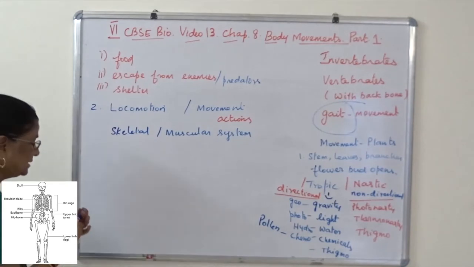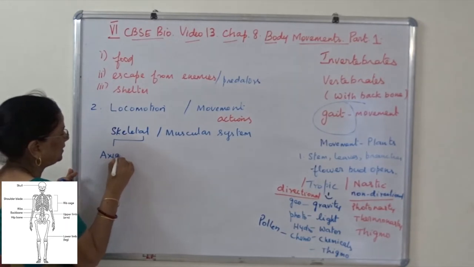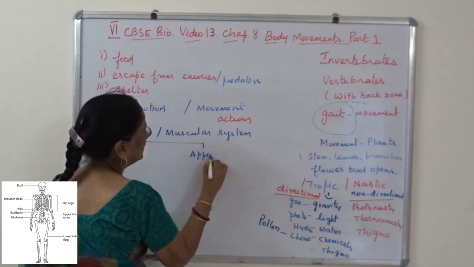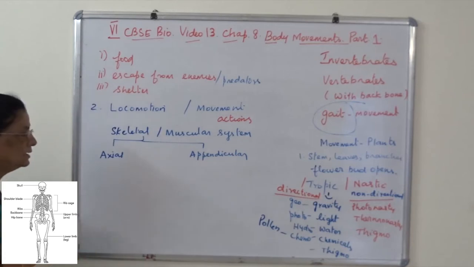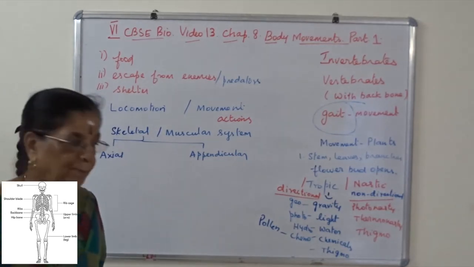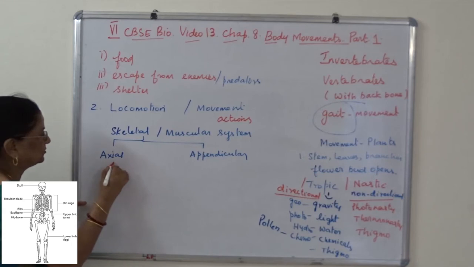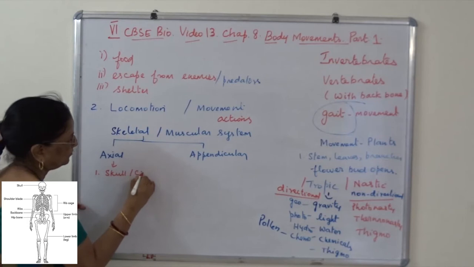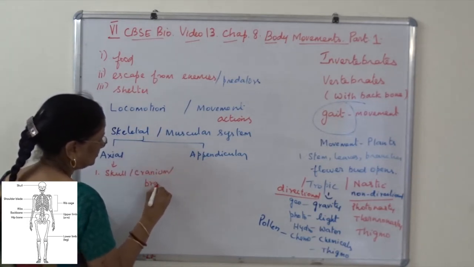And the skeletal system has two major divisions, axial skeleton and appendicular skeleton. Now this axial skeleton includes the skull or cranium or brain box.